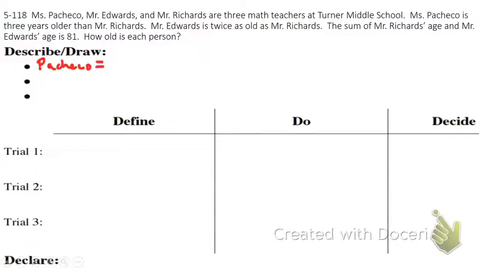So Pacheco is 3 years older than Richards. Okay, next piece of information. Edwards is twice as old as Richards.